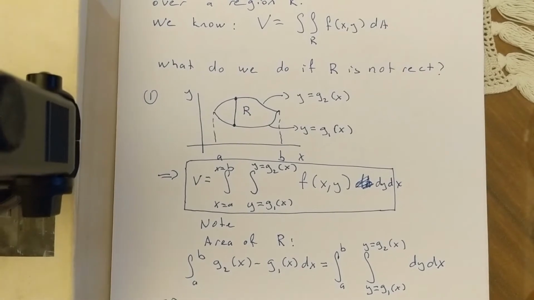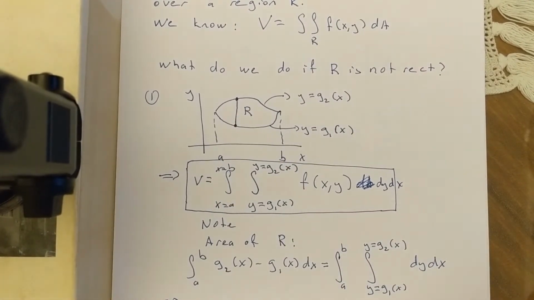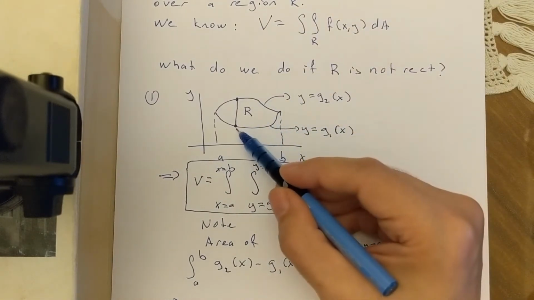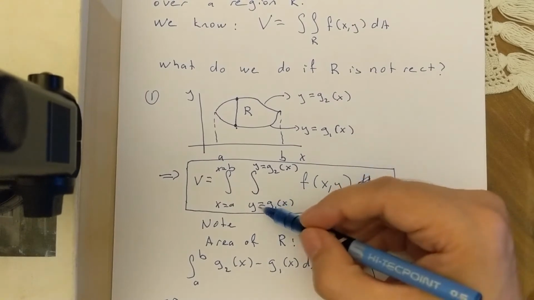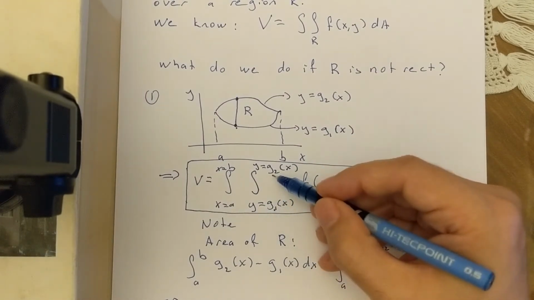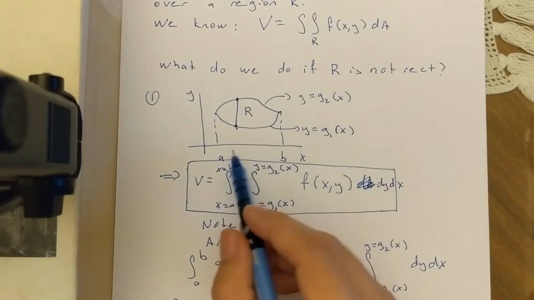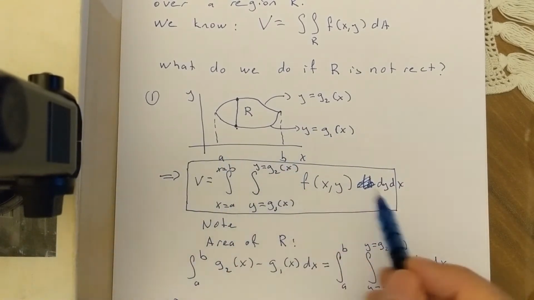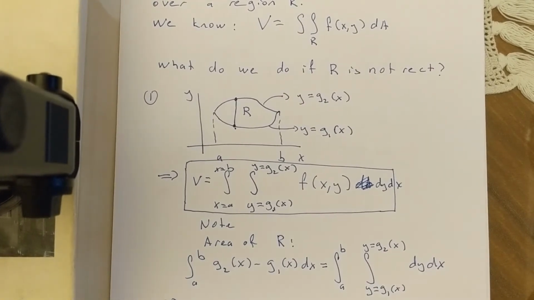So y changes from the bottom curve g1 of x to the top curve g2 of x. So y goes from g1 to g2, bottom to top, okay? And x goes from a to b, dy dx. Okay, very simple. We'll talk about why that is in a second.